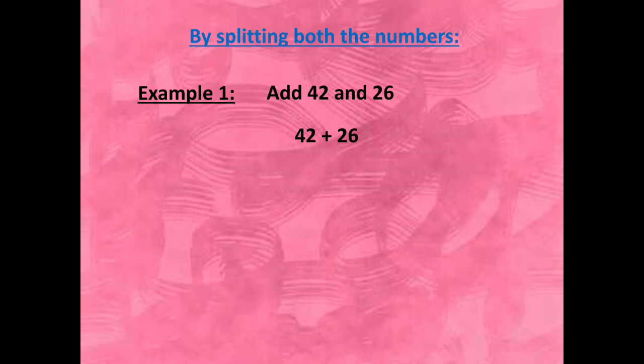Now first we will split the numbers. 42 means tens, what is the tens? 40 plus the remaining number, 40 plus 2. Then we will split the other number, that is 20 plus 6.